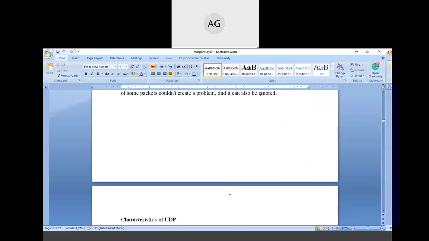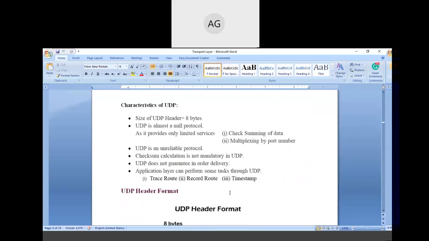Moving on to the next topic. Now comes the characteristics of UDP. The first characteristic is that the size of the UDP header is 8 bytes. The second characteristic is that UDP is almost a null protocol. Why is it called a null protocol?